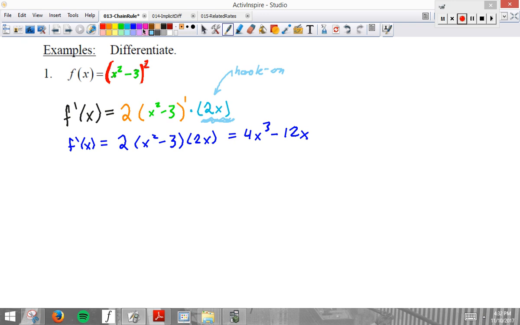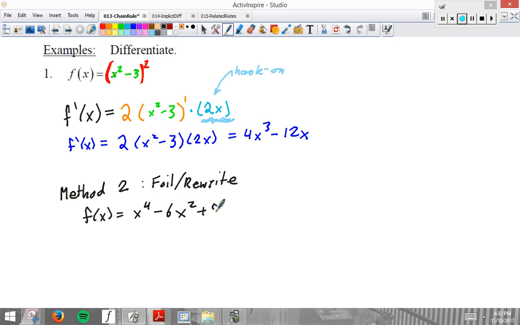As always with our first example, or at least it feels like as always for lately, method 2, we'll just FOIL it out, rewrite f of x equals x to the fourth minus 6x squared plus 9.